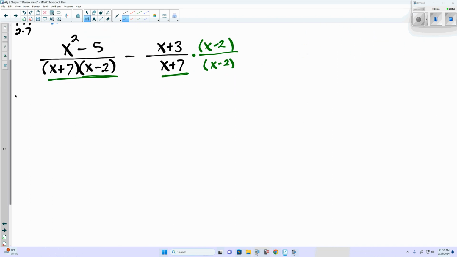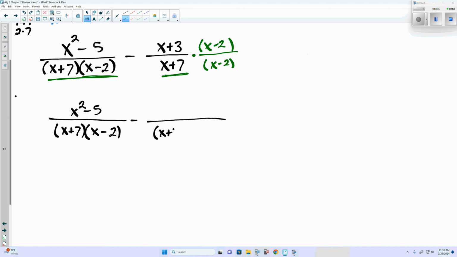So our left rational expression is going to say x squared minus 5. The denominator is still going to be x plus 7, x minus 2. Now the one on the right, the denominator is going to be x plus 7 times x minus 2, which is what we wanted because we want the denominators to be the same.